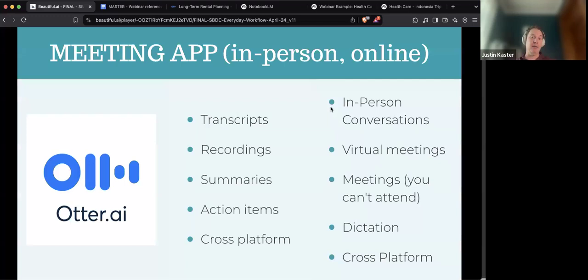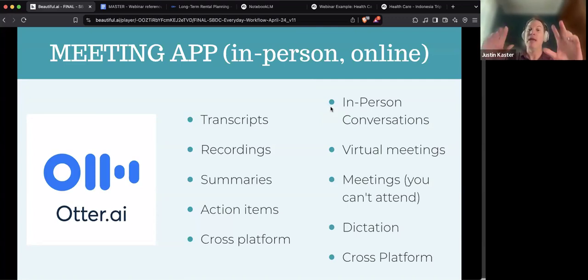So I've been using, for different purposes, an app called Otter.ai. It works for meetings that are in person or online. It can generate transcripts, recordings, summaries, and action items from meetings, and it's cross-platform. You can see I'm doubling down on this idea that it's cross-platform.